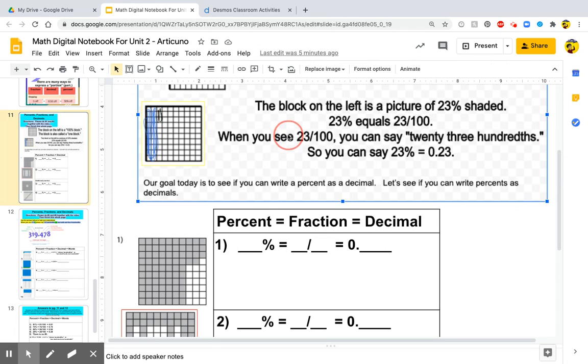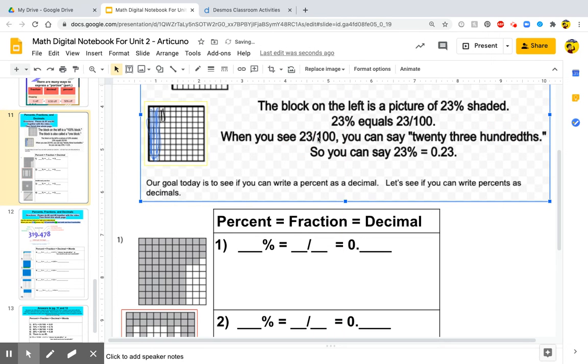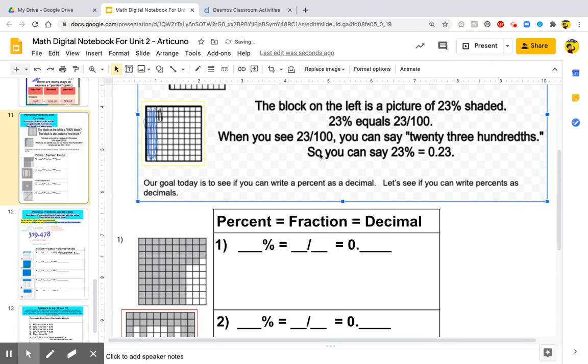When you see 23 over 100, you can say 23 hundredths. So when you see this, you can say 23 hundredths. Practice saying that right now. 23 hundredths. Okay, so whenever you see this, say 23 hundredths.